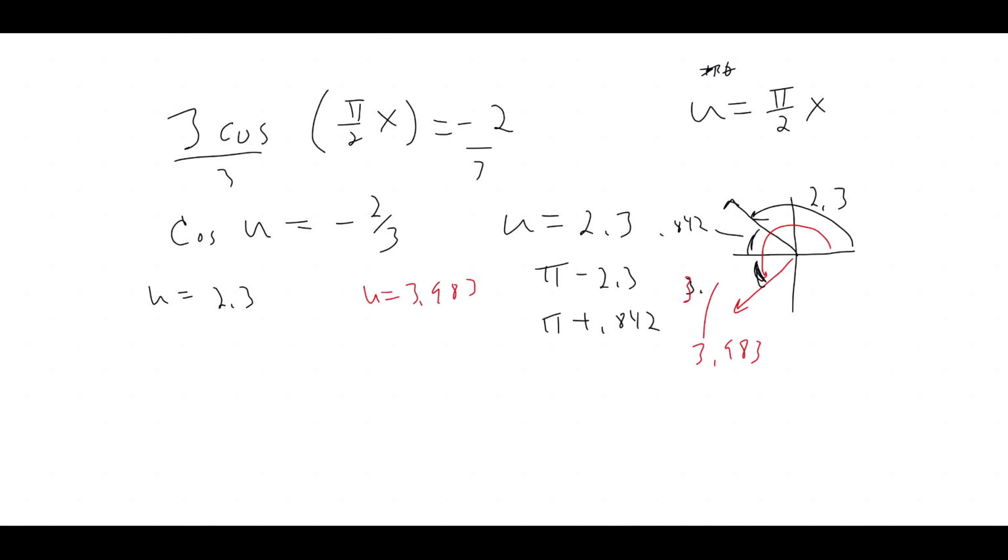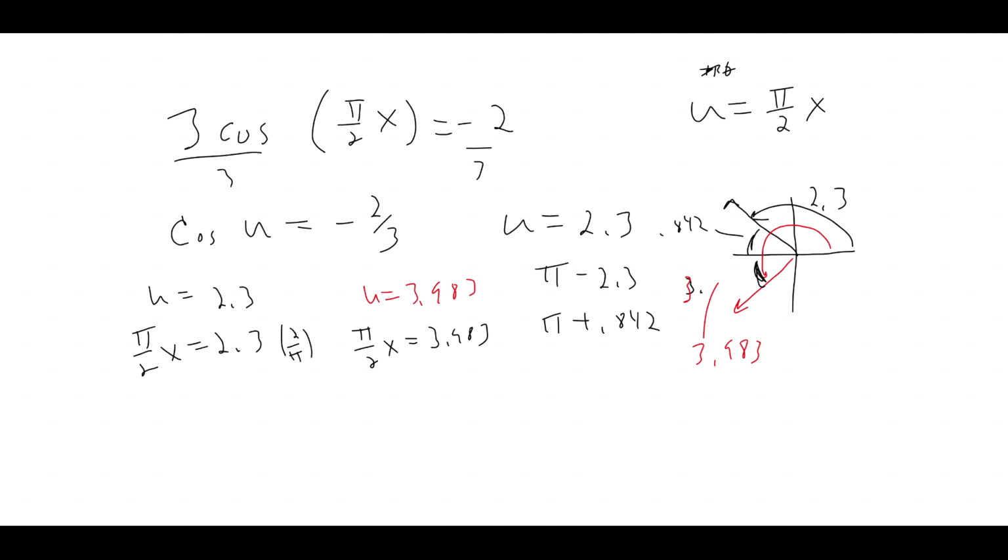So U, and I'm going to do that back substitution. I'm going to say pi over 2x is U. And I won't go red here. I'll just go pi over 2x equals 3.983. So we're going to divide both sides by pi over 2, or multiply by 2 over pi, the reciprocal.